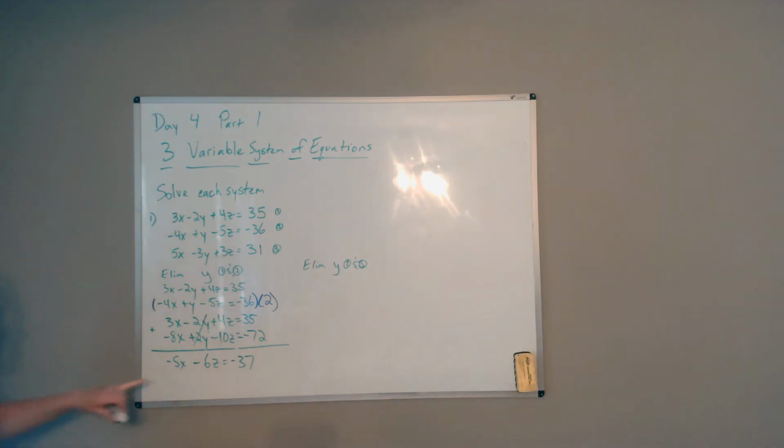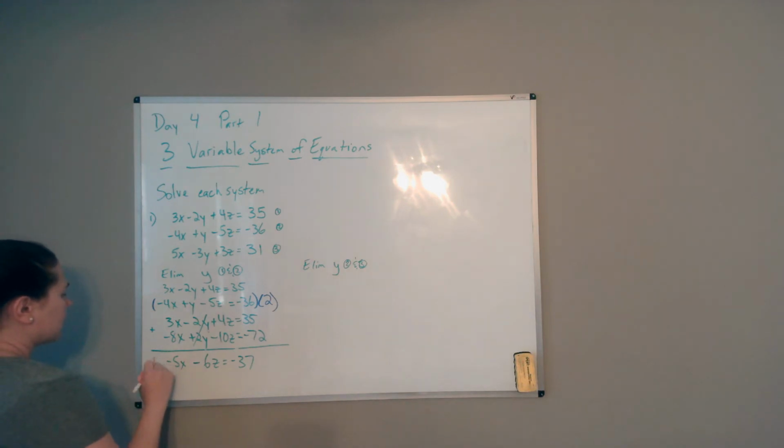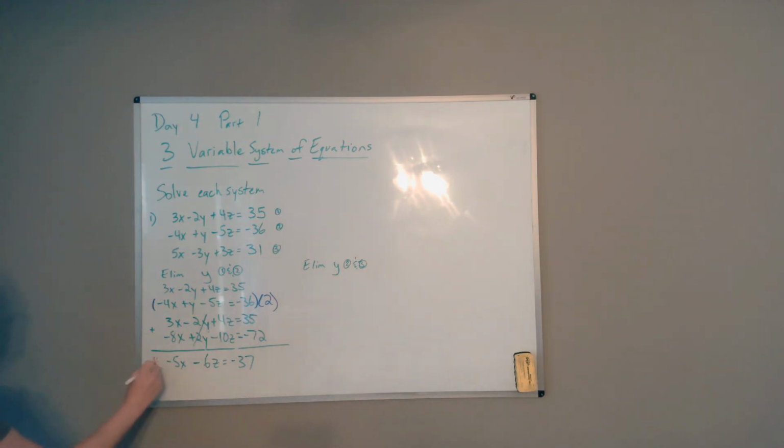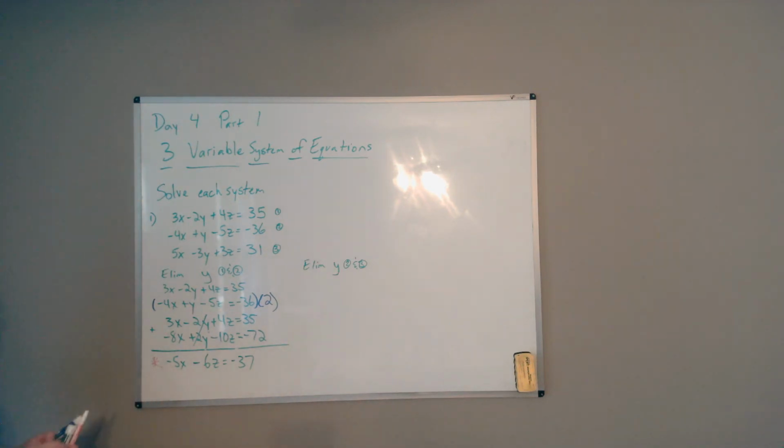Okay, and so here's my one equation, right? This we're going to hold on to. That equation right there is two variables, x and z. It doesn't have y in it, okay?